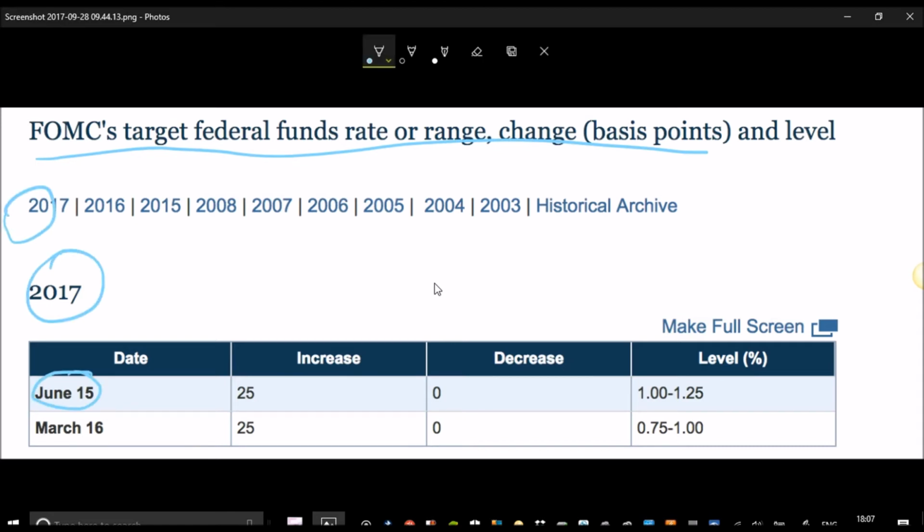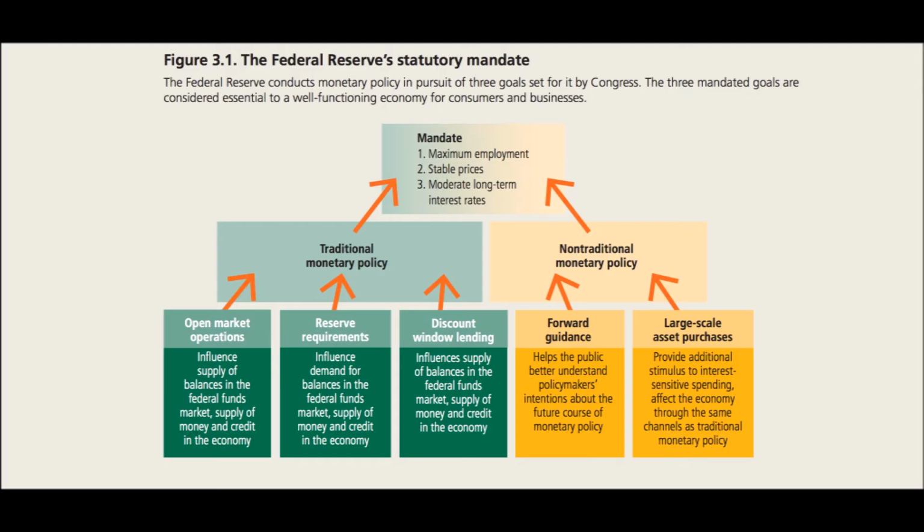So we see in 2017, the median target for the December projection is 1.4%, and the range is 0.9 to 2.1%. So the Federal Reserve Bank, once it defines its goals and targets for its monetary policy, would then need to determine how it plans to go about achieving these targets for growth, inflation, interest rates, and employment.